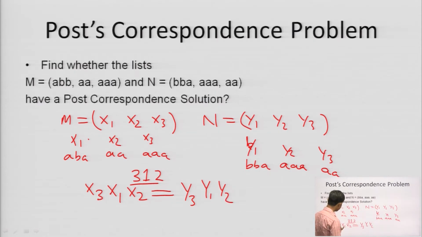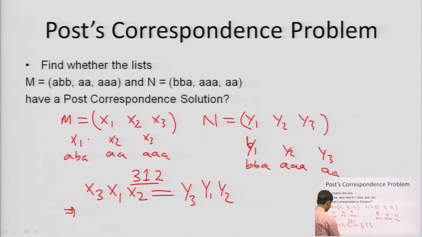If the x part and the y part are equal, then there is a solution. You have to check like that, all possible cases, to see whether there is any solution or not.